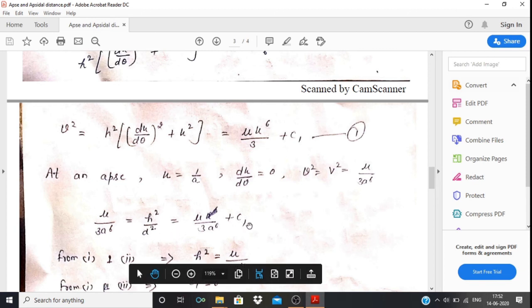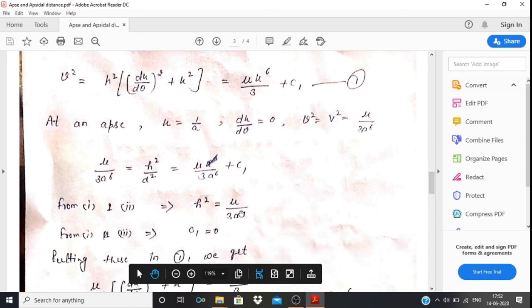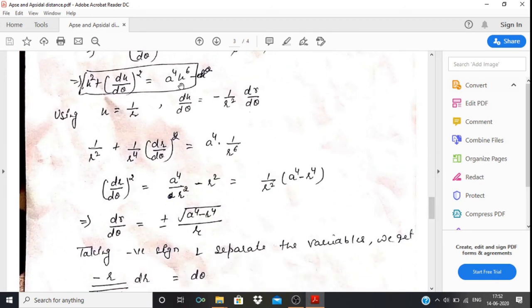After simplification we get this equation. Now from the first and second I have calculated the value of h square. This is equal to mu upon 3a raised to the power 4. From the first and third we find that the value of c1 is equal to 0. Now again putting these values in equation 1, after simplification we get this equation.